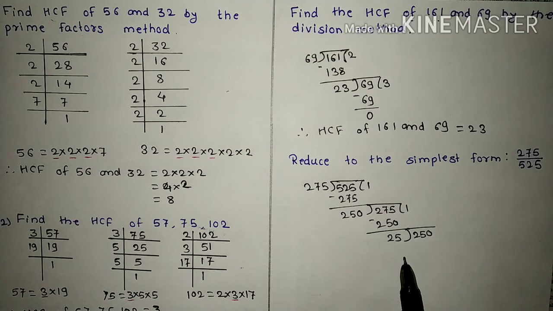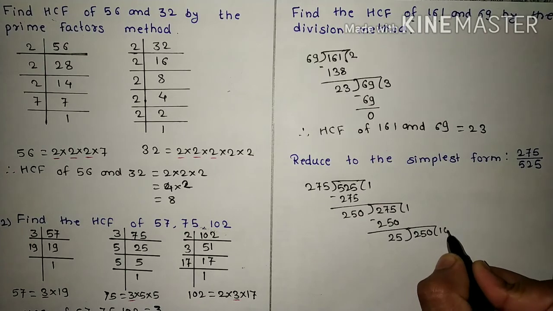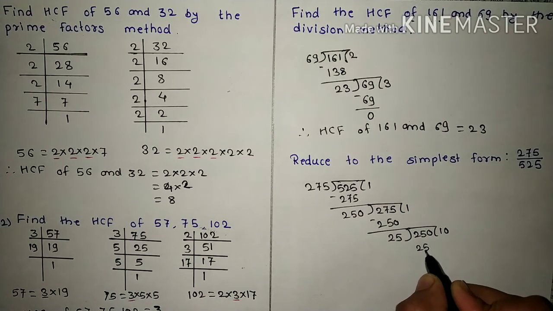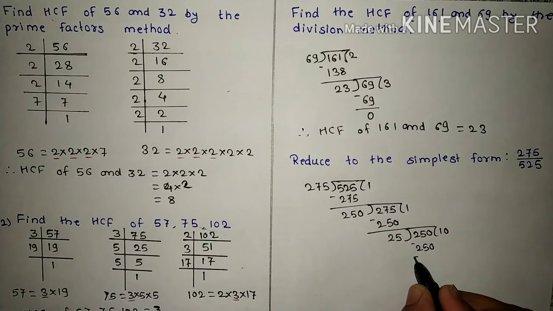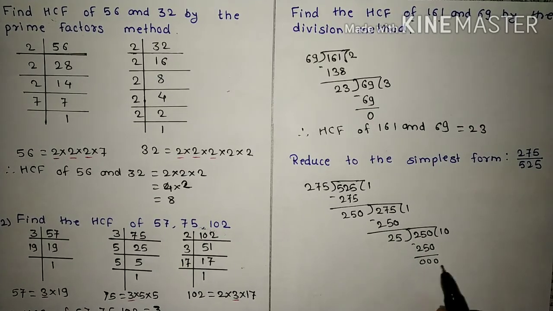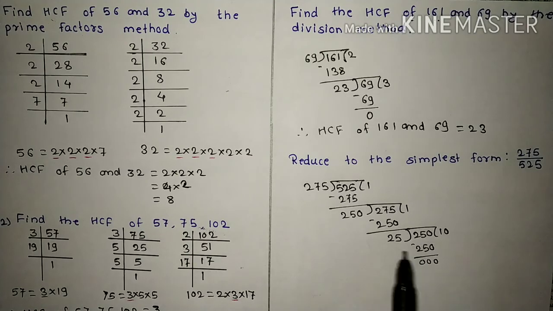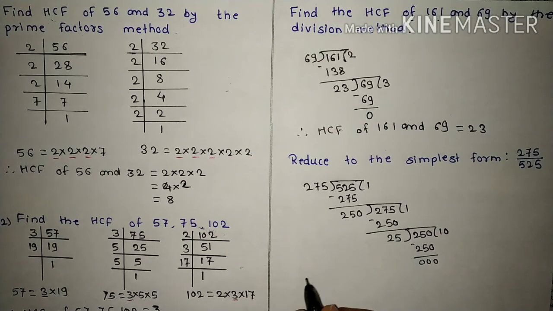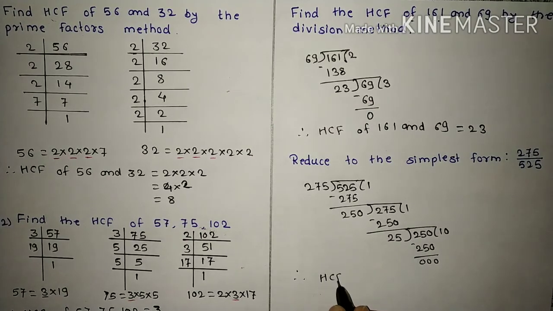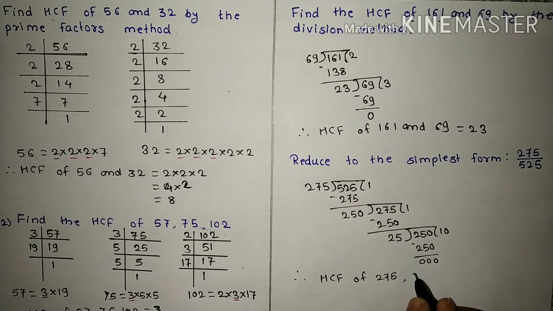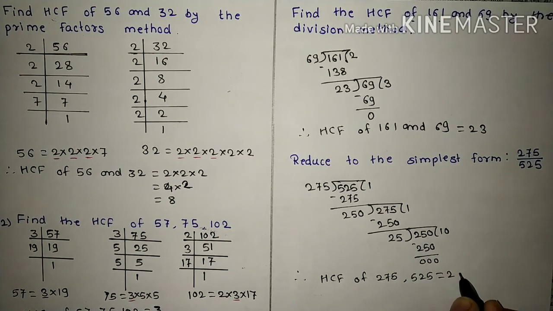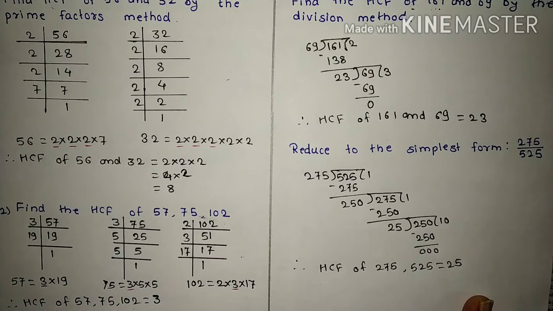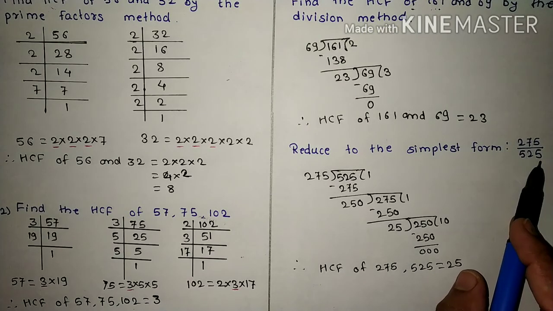We continue this process until the remainder is 0. 25 tens are 250. Remainder is 0. Therefore, the previous divisor is the HCF of the given numbers. Therefore, the HCF of 275 and 525 is 25.